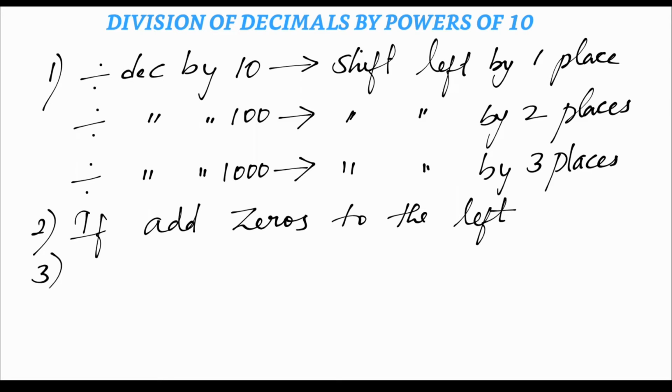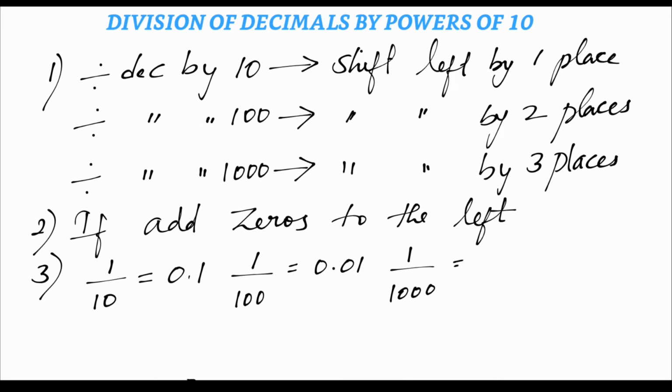Next, since we know that 1 by 10 is 0.1, 1 by 100 is 0.01, and 1 by 1000 is 0.001.